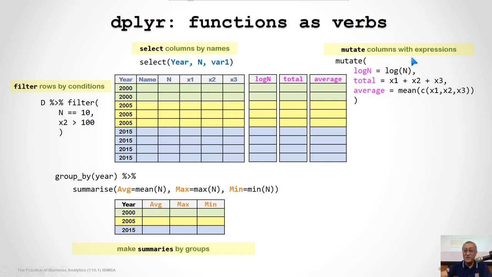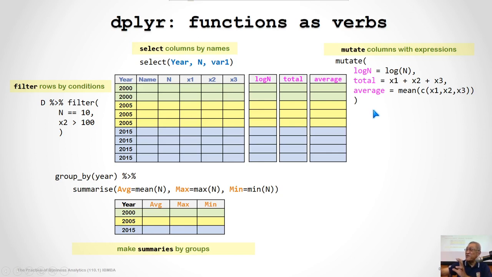We mutate columns with expressions, and well, actually you can create a new column simply by the dollar sign operator, right? You can, but the beauty of dplyr is that you can mutate a lot of columns at once. In one mutate function call, you can create like 10 or 8 new columns at once, right?